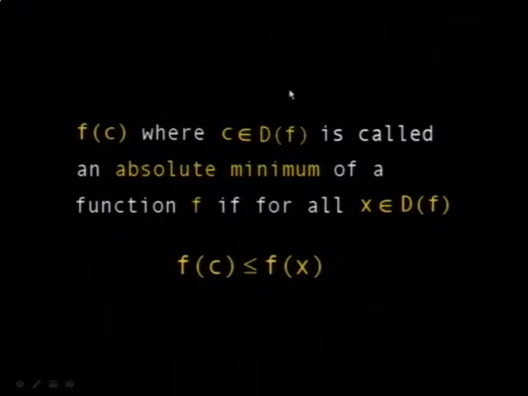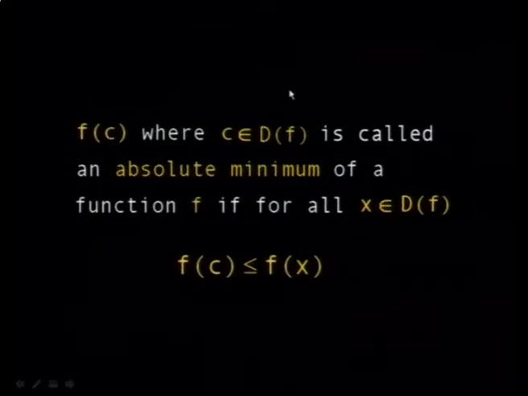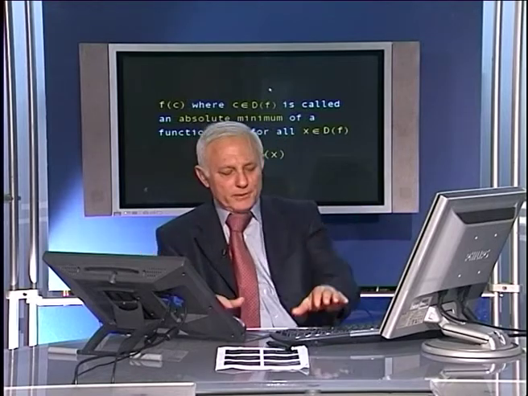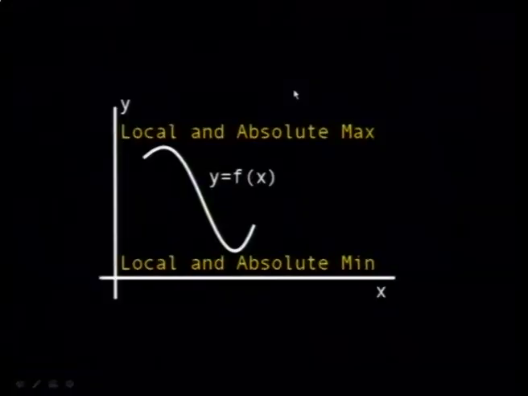The absolute minimum of function f is such that for all x in the domain of f, f of c is the least one. If f of c is the least one, then sure, this will be the global minimum of the function over its entire domain. Now, the thing which comes to mind directly, logically speaking, is that you may rely on the local extrema in order to calculate the global extrema.